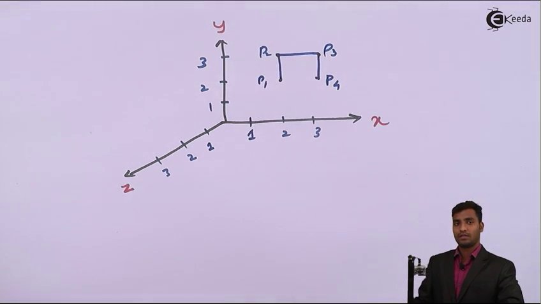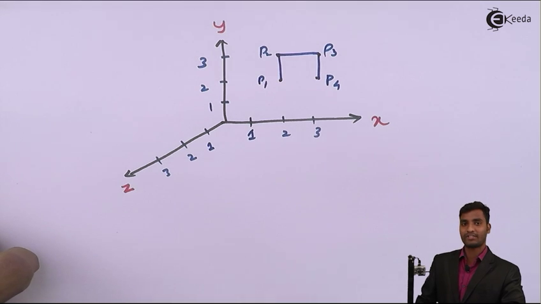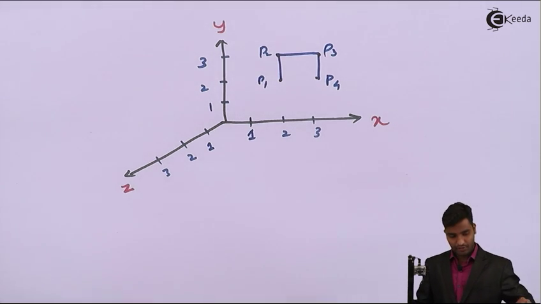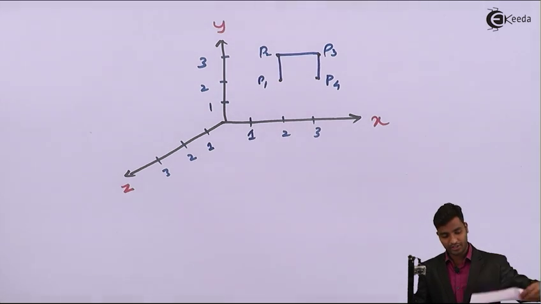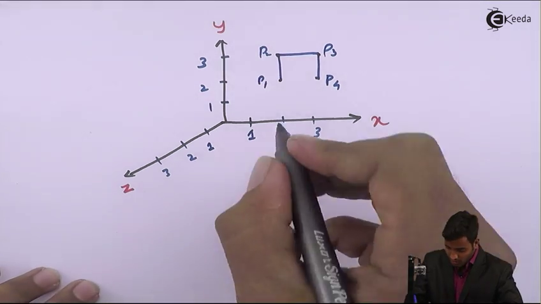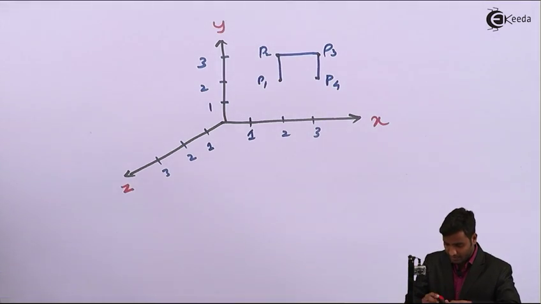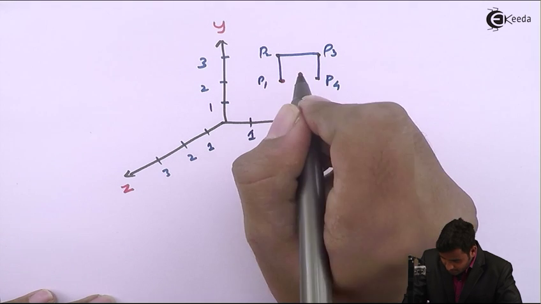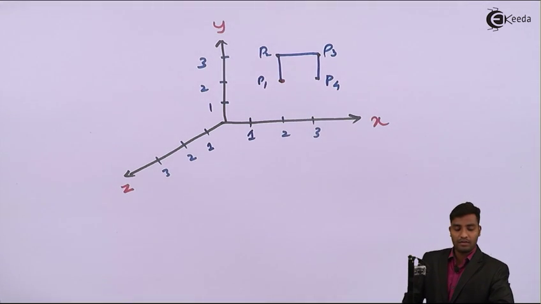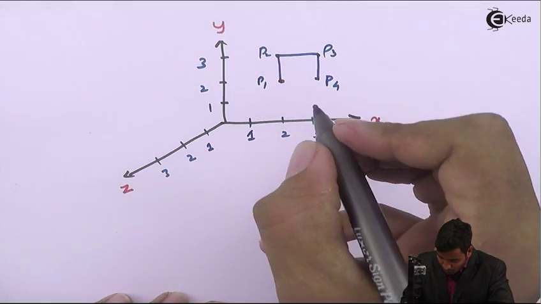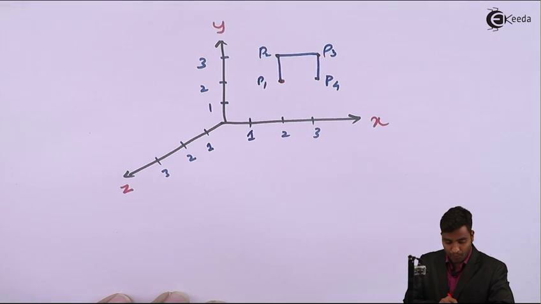So now the pixel values. For u equal to 0, the value of x was 2 and the value of y was 2. So it will come here. For u equal to 1 by 4, the value of x was 2.156 and y was 2.56.